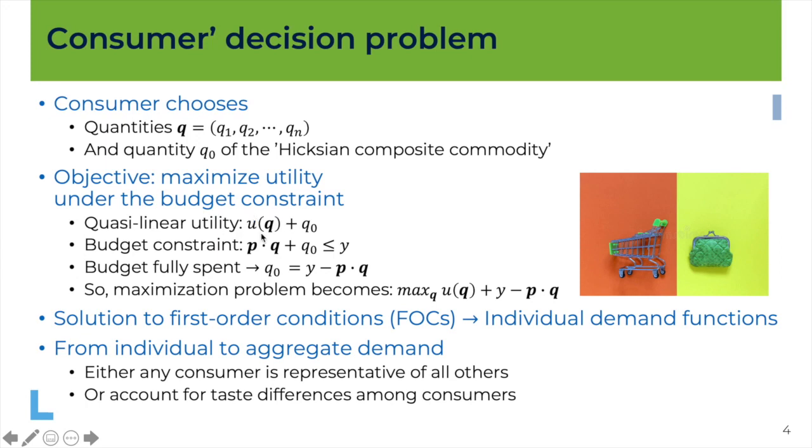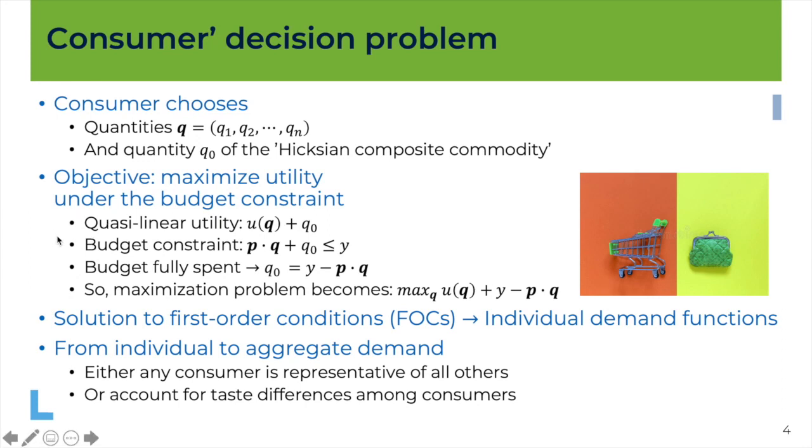There is a utility made of the quantities of the goods that matter for this analysis, the vegetables, right? And you add to this utility the utility coming from the other goods, the composite commodity. Okay, and as you will see very quickly, we will somehow get rid of these other goods that do not really matter for the analysis.